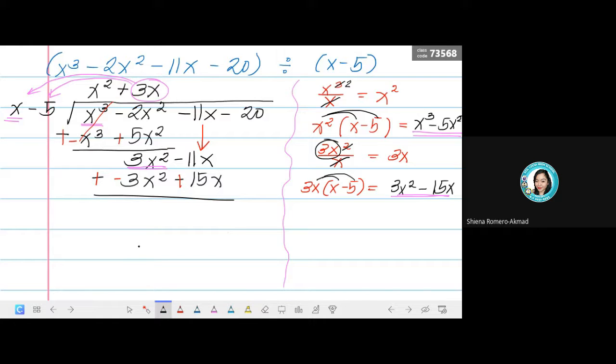3x squared plus negative 3x squared, 0 na yon. Negative 11x plus positive 15x. Ano yung magiging sagot natin? Correct. Tama, Gonzales. That's 4x. So, ano na yung sunod na step natin dito?